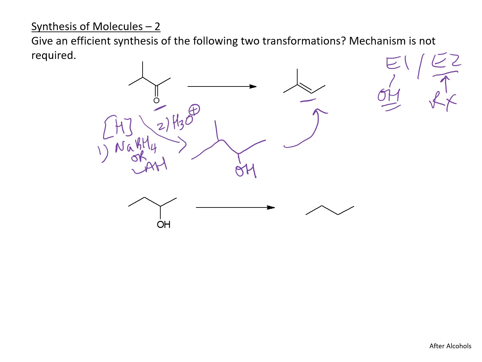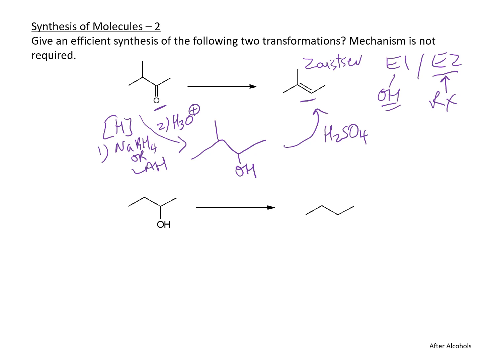So ketone to alcohol is a reduction, and then from alcohol to that alkene, this is going to be H2SO4. I want to point out one more thing here. H2SO4 is the concentrated H2SO4, so a nice dehydrating agent. If you look at this alkene, this is a Zaitsev alkene, Zaitsev meaning the more stable alkene that we have here.